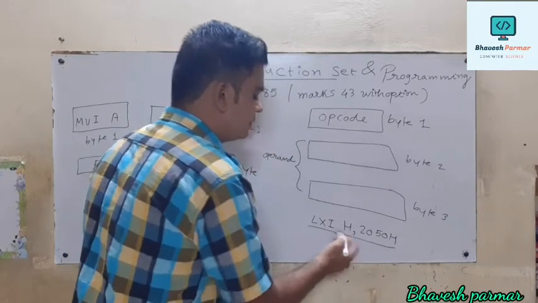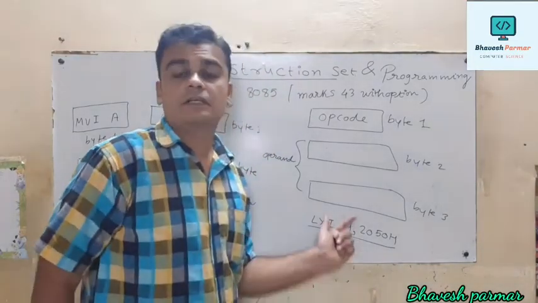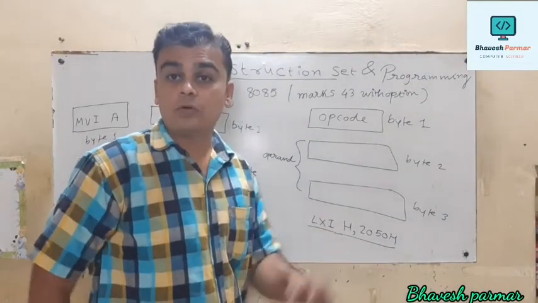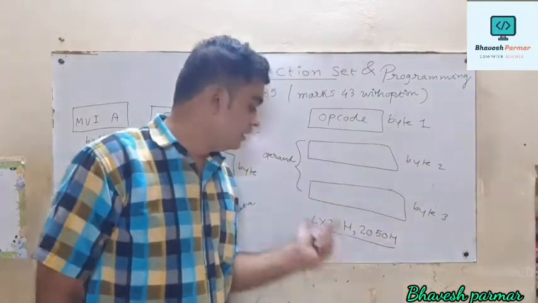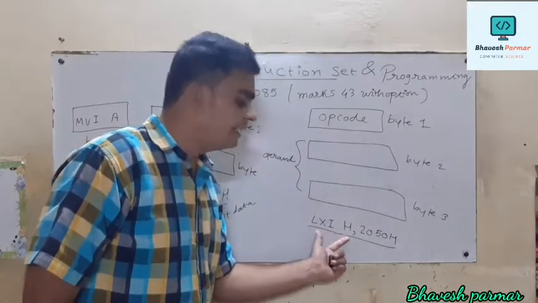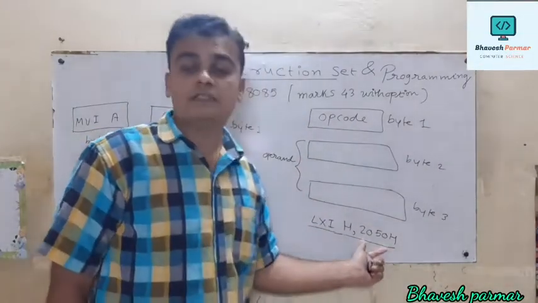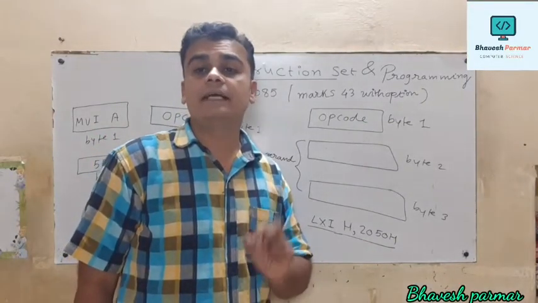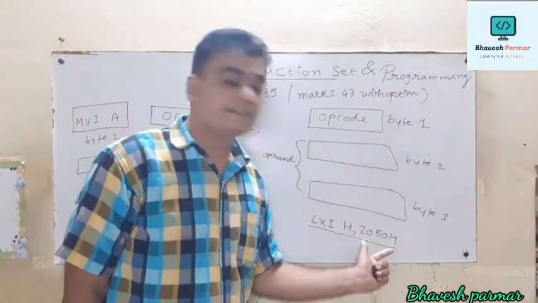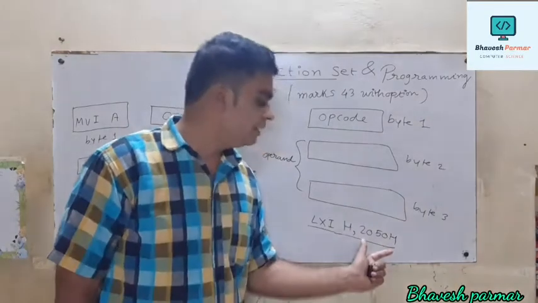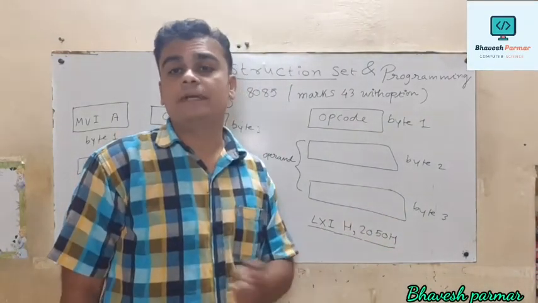This instruction is a 3 byte instruction. How can we say that? Because LXI H is my opcode, and 2050H is a 16-bit hexadecimal address. This 16-bit number requires 2 separate bytes.